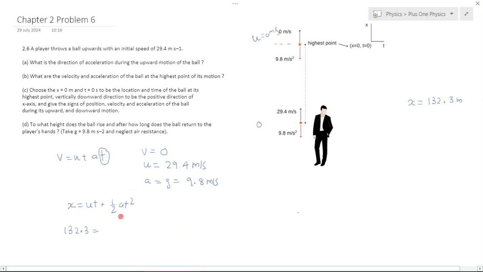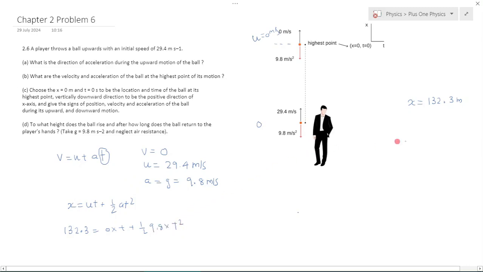So 0 into t plus half at square. In this direction, for the second part, the acceleration is positive. So 9.8 into t square.